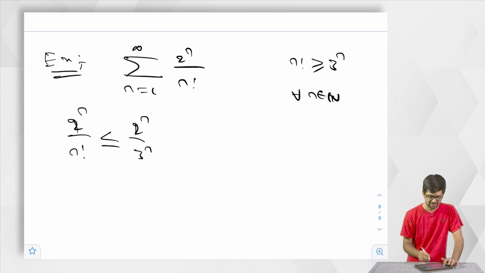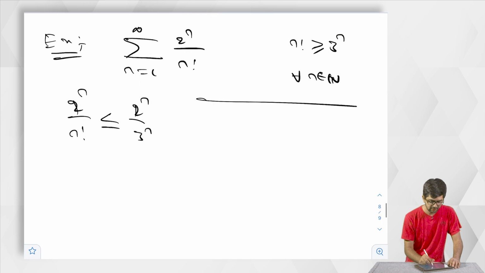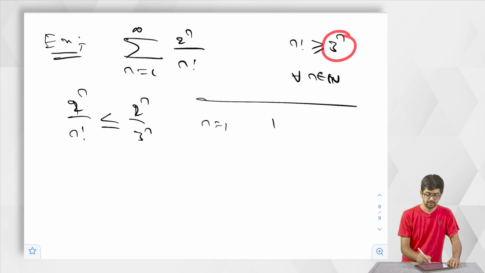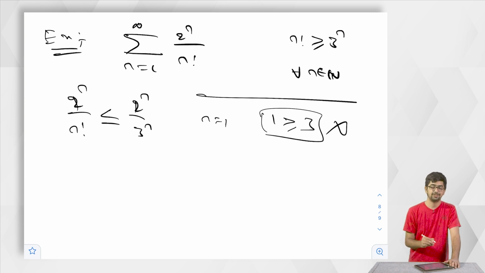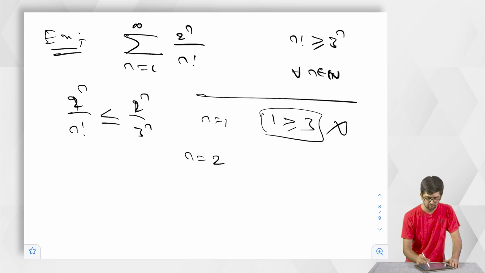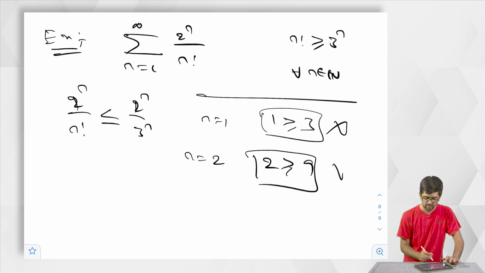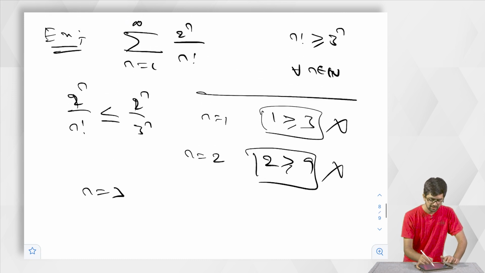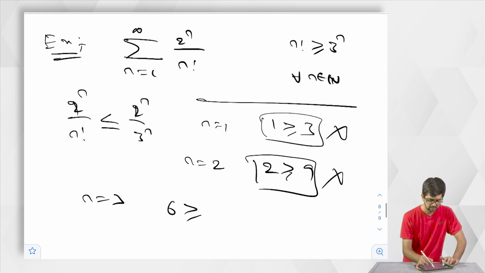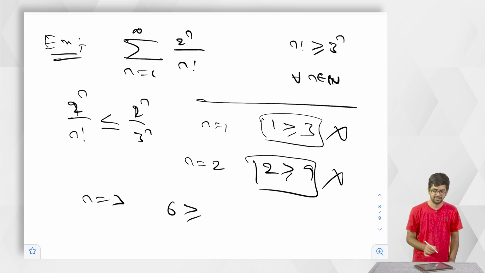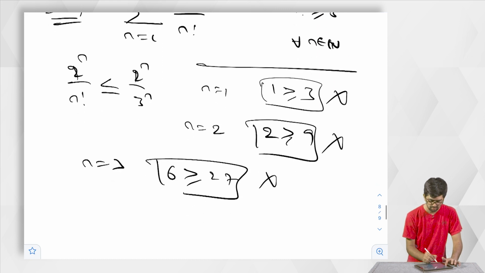Let us do one at a time. For n equal to 1, 1 factorial is 1, 3^1 is 3. Greater than or equal to 3, sorry, n equal to 2: 2 factorial is 2, 3 squared is 9, no. What about n equal to 3? 3 factorial is 6, 6 greater than or equal to 3^3, which is 27, no. Maybe it is not true.